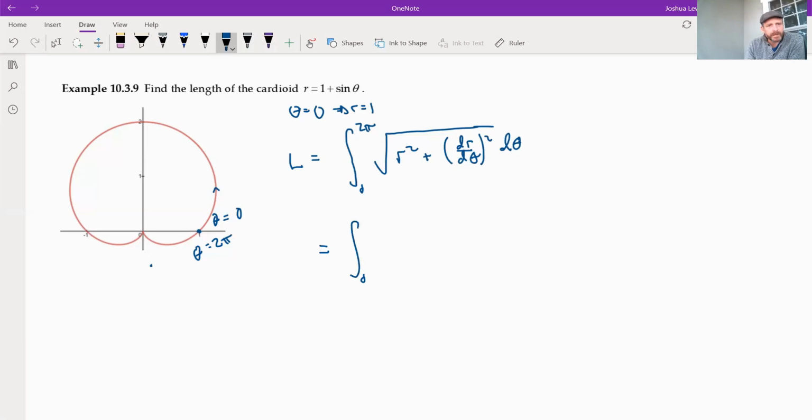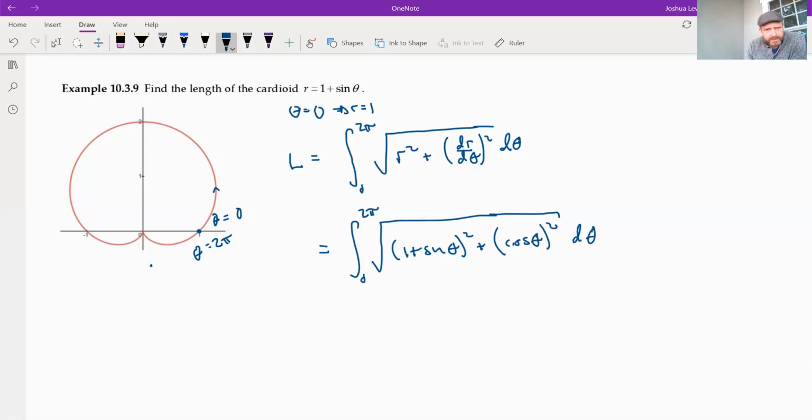So 0 to 2 pi, square root, and then r squared, that's (1 plus sine theta) squared, and then plus dr/d theta. If I differentiate r with respect to theta, then we get 0 plus, and the derivative of sine is cosine. So cosine theta squared, d theta.